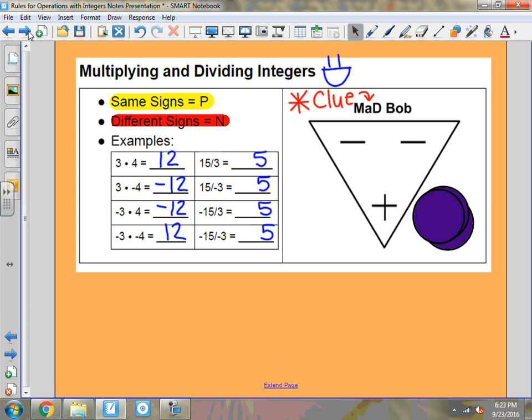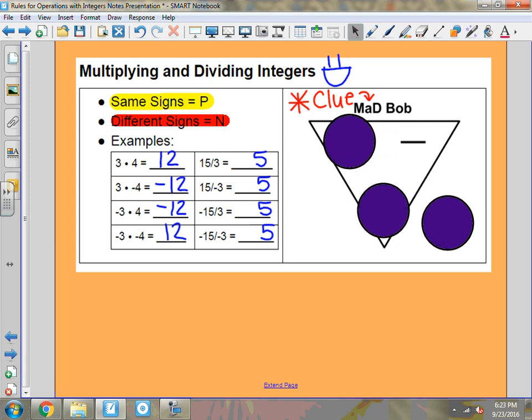So 15 and 3 in the first problem are both positive, so I know that my answer's going to have a positive sign. So I don't need to add anything to my answer. But the next one, 15 divided by negative 3, two different signs, and I can cover up my positive and my negative for Mad Bob, and I'm left with a negative. So it would be negative 5.